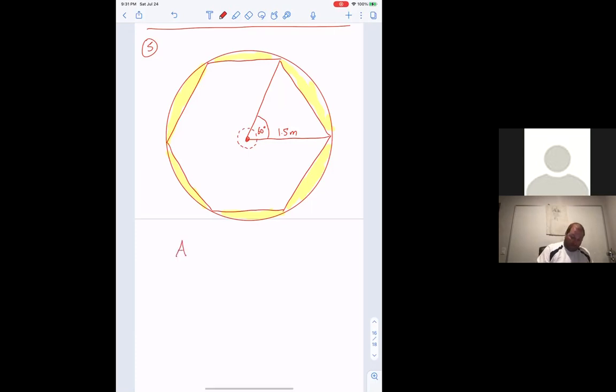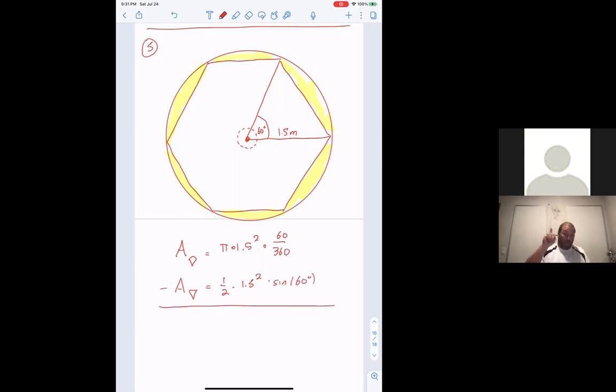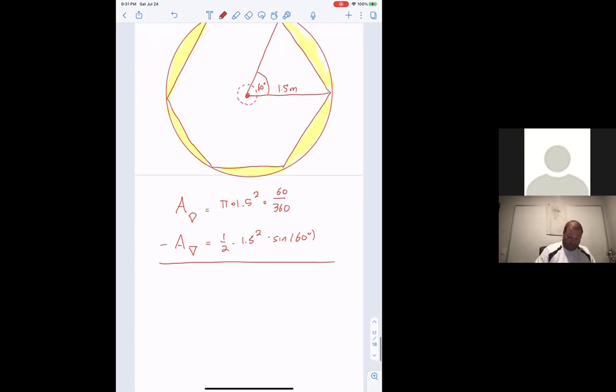So the area of the whole sector is pi times 1.5 squared times 60 over 360. The area of the triangle, and this is just one piece, by the way, is 1/2 times 1.5 squared times sine 60 degrees. When I subtract these, that gives me one of the 6 shaded regions, and then I just multiply by 6 to get the total.